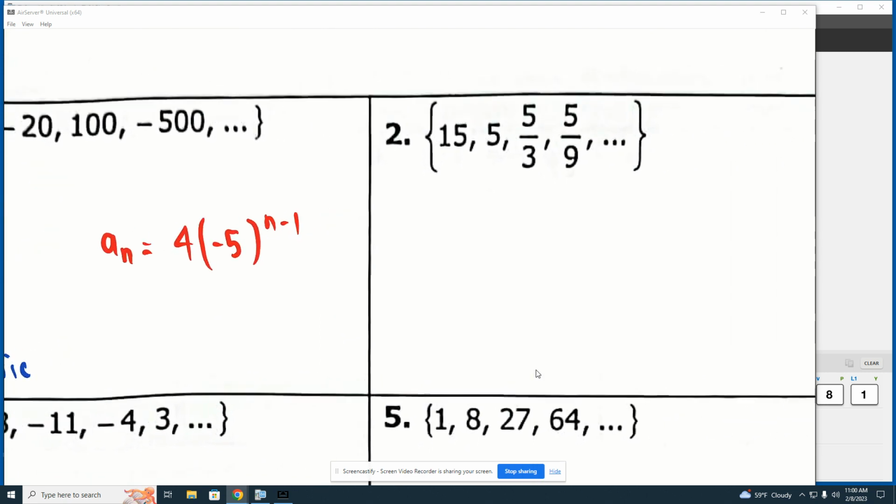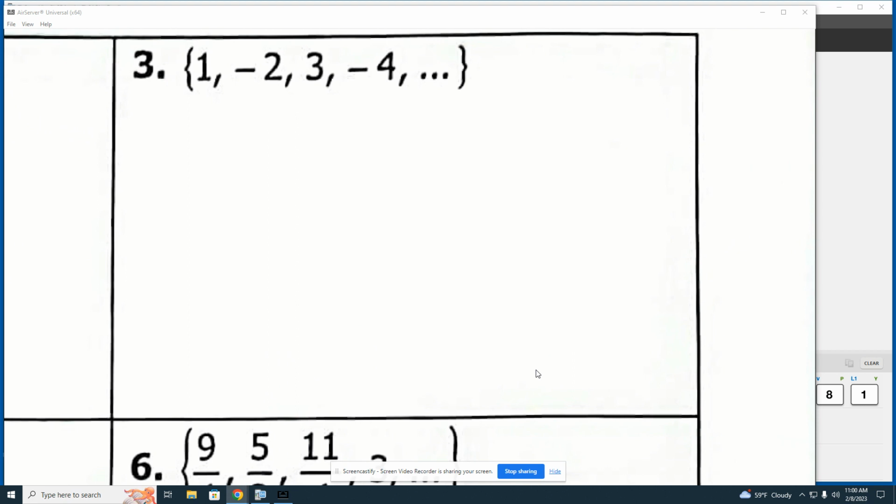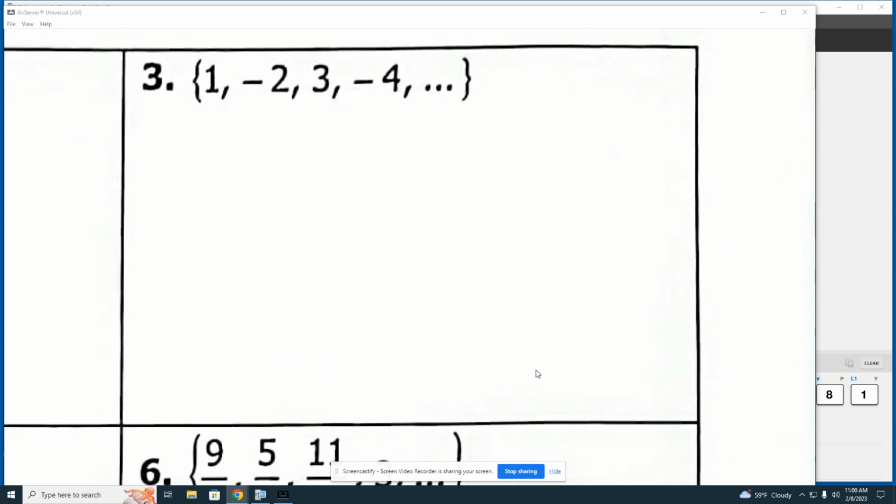I'm going to skip number 2. It's another geometric one. Again, this is just review. Look at number 3. Isn't it also going back and forth from positive to negative, positive to negative? So the only thing it could be is geometric. So I'm going to check to see if it has a common ratio. That second term, negative 2, divided by the first term, 1.